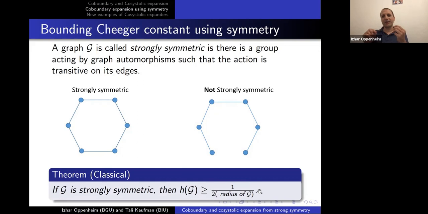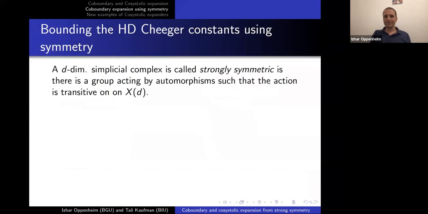The radius of the graph is the usual thing: for two vertices you count the graph distance between them, and the radius is the minimum over vertices of the maximal distance to the other vertices. So if you have symmetry and bounded radius, you can bound the Cheeger constant.